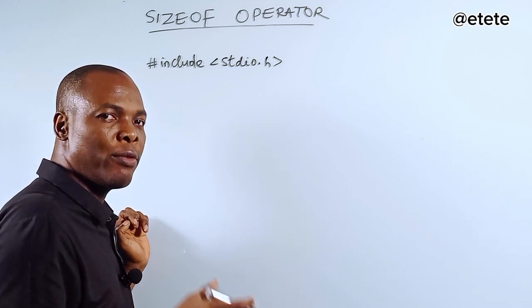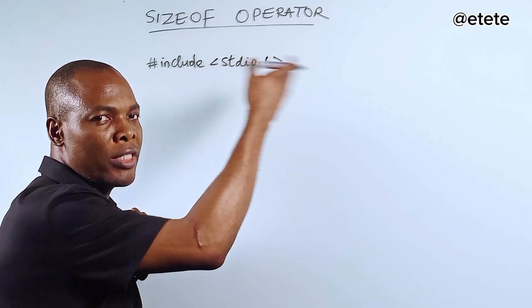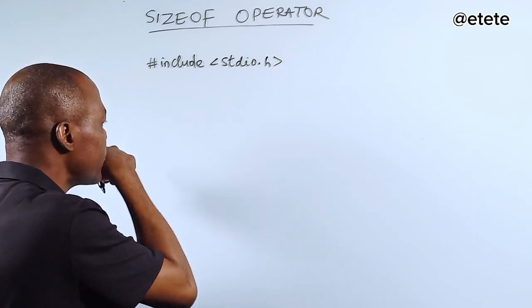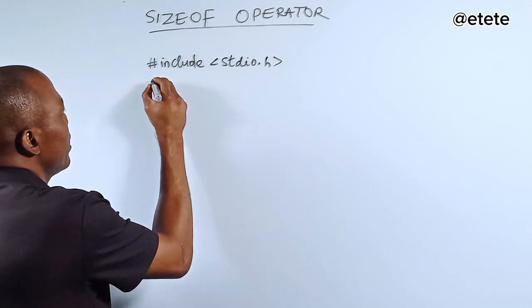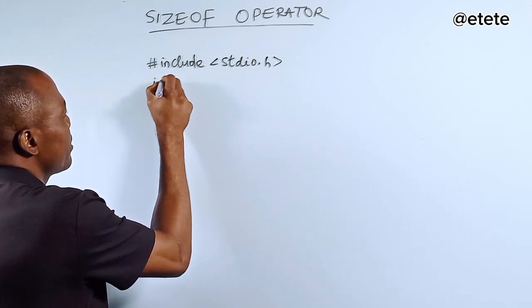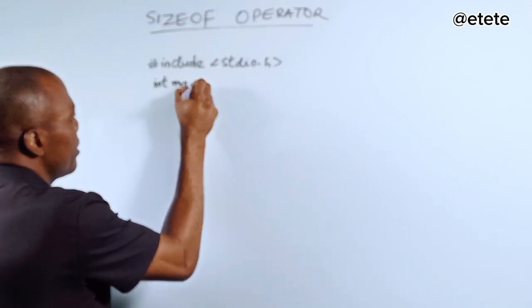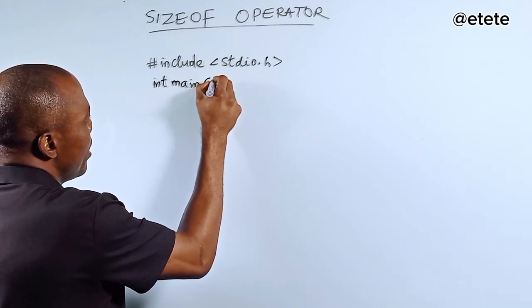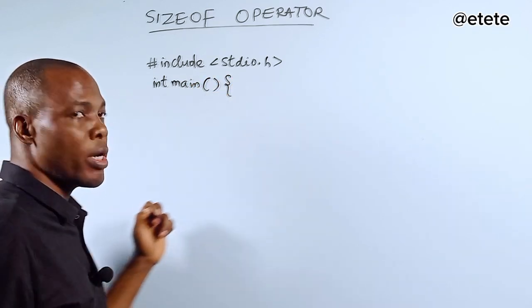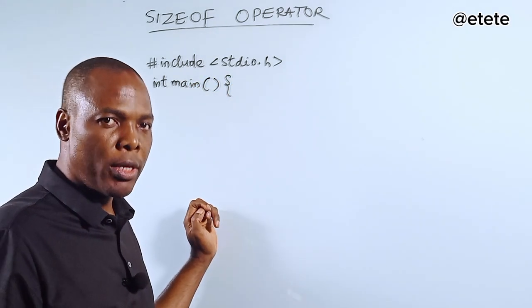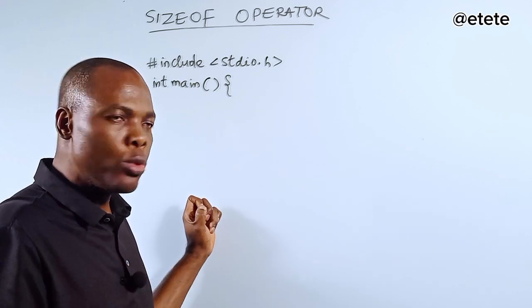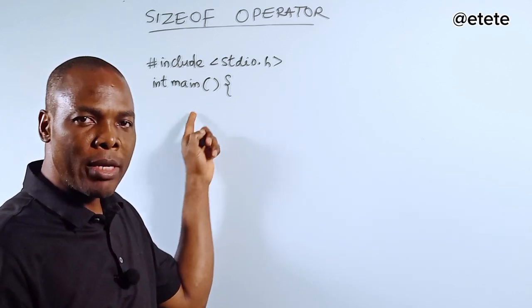For those that have been following me, you already know why we simply include this when we are writing. All right. Then here I have my int main function. Don't worry, when we get to function as a topic, I will really explain why we are always having this main.